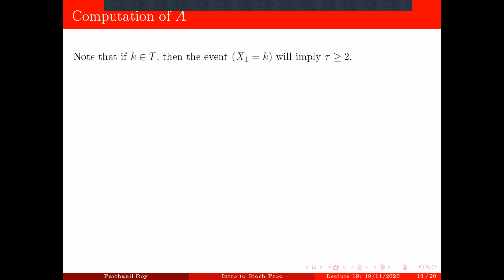And again, note that if k is in T, then the event X1 equals k would imply tau is at least 2. Why?